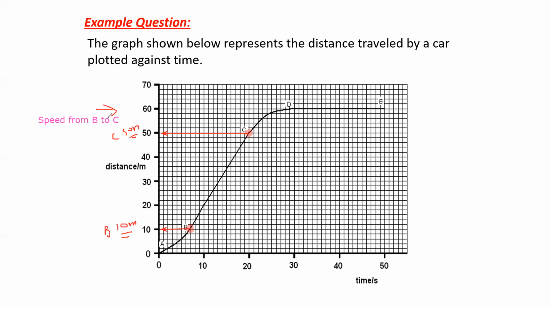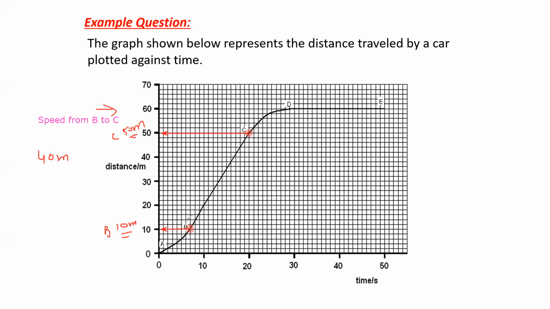When the car is at point B, it covered 10 meters. When the car is at point C, it covered 50 meters. So the distance is equal to 40 meters. Is it clear till now? The distance traveled by this car?